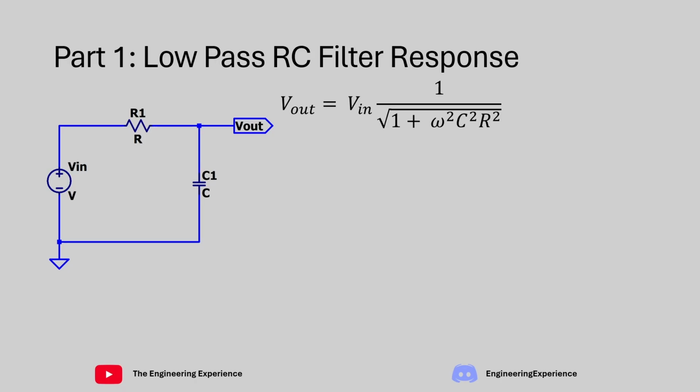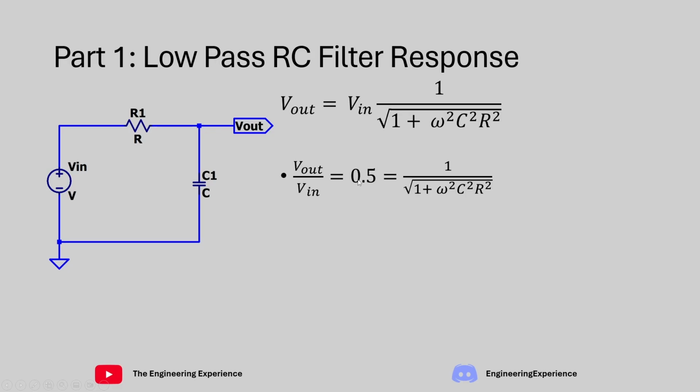Now, bringing the last equation to the new sheet over here. This is the response of an RC filter in terms of its magnitude. And we know from the question that we are attenuating the signal by 50%, so V out divided by V in is equal to 0.5. We can change this equation by bringing the V in onto the other side, making that equal to 0.5.